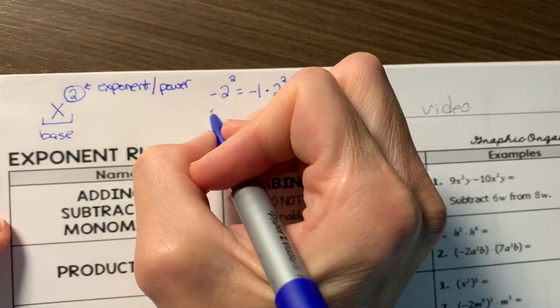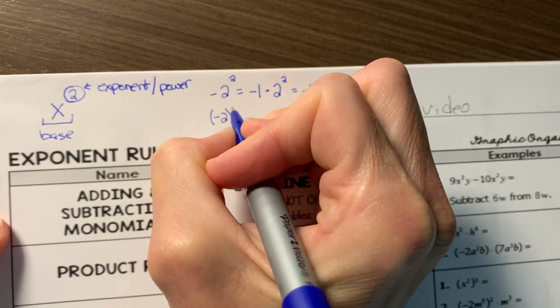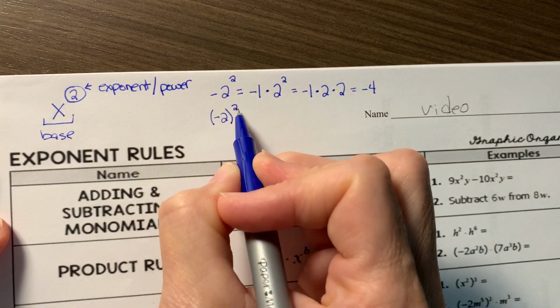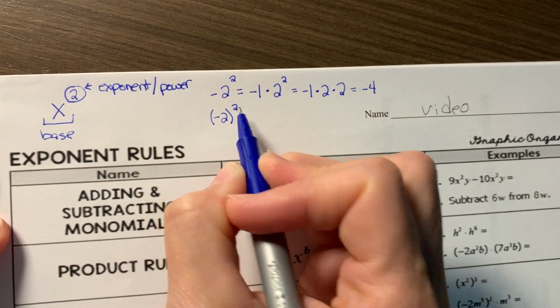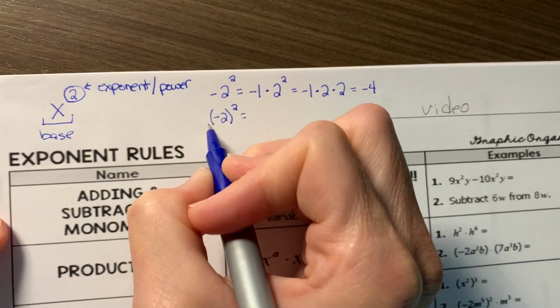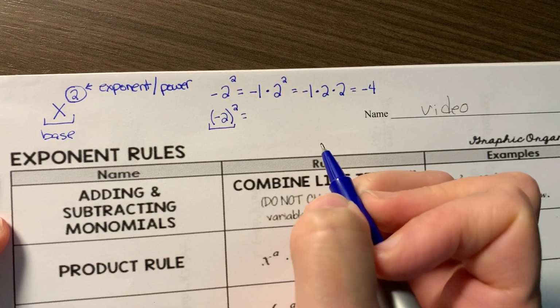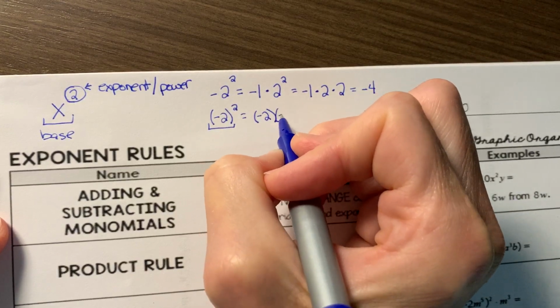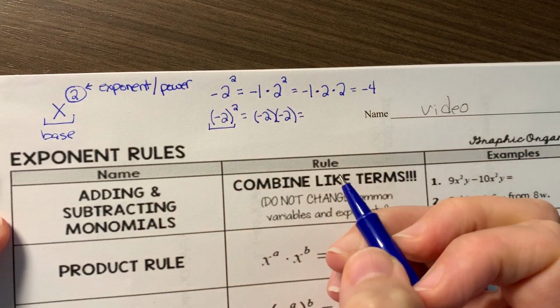Now, the other thing you might see is this: your base wrapped up in parentheses and your exponent outside the parentheses. So in this case, my base is -2. So -2 to the second power is -2 times -2.